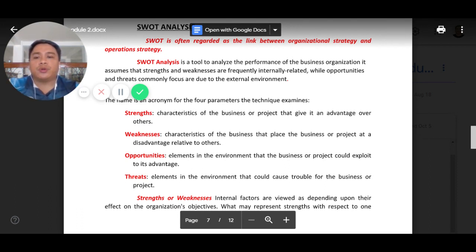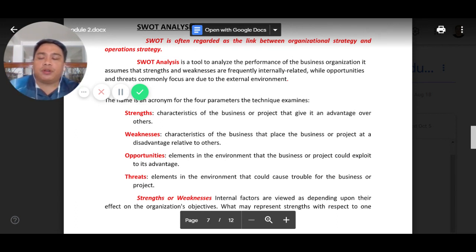This is what we call opportunities. For example, the weakness of our competitor can be our opportunity. The weakness of your rival can be your opportunity.